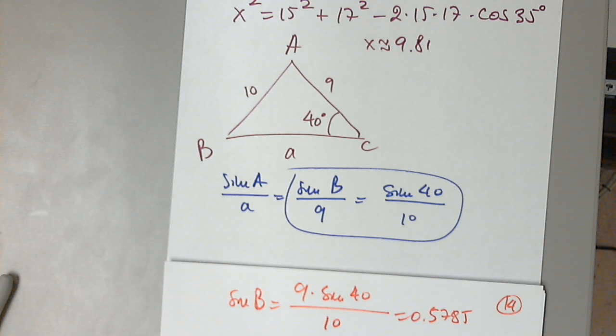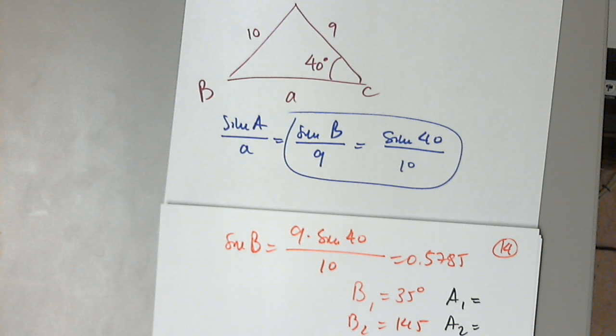I have to check the other option with 180 minus 35. And that's 145. So B2 is 145. And that immediately and automatically will give us two different A's, A1 and A2. So A1 is 180 minus 40 and minus 35.